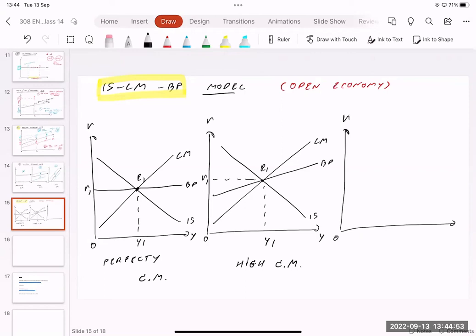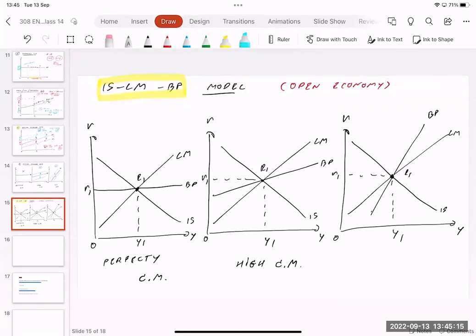And the last one, we have the IS curve, LM curve, and BP curve. Equilibrium point 1, Y1, R1.